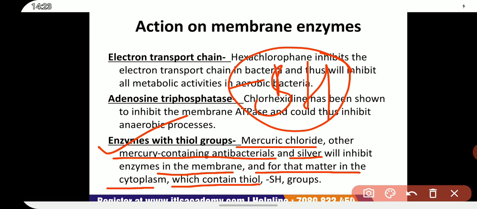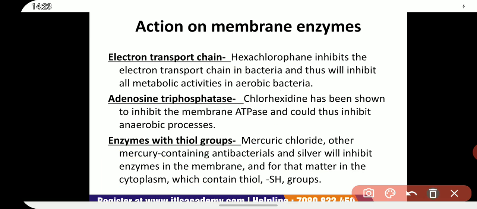A similar action is shown by 2-bromo-2-nitropropane-1,3-diol or bronopol, and isothiazolones.